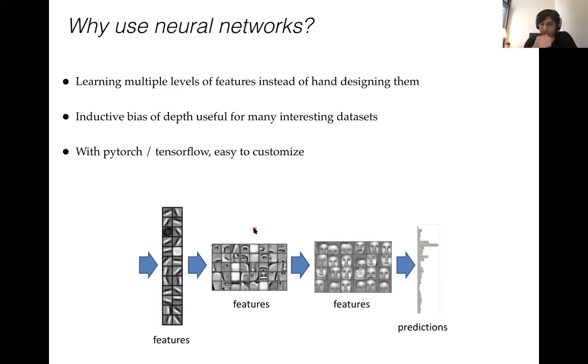If you go a little bit later in the model, and this is imagining a model trained on a data set of faces, you might find that there are units in the network that respond to parts of faces, like eyes and noses and ears. And when you get to the latter stages of the model, there are entire faces that are sort of being represented. There are features at different scales.